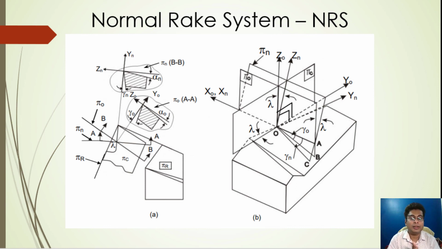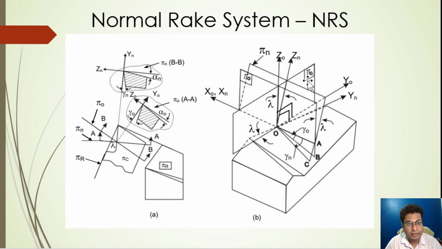How are this ORS and NRS different? In this figure, you may see that this is your pi c, and this is your pi o. In normal rake system, what happens is the planes are not mutually perpendicular to each other.